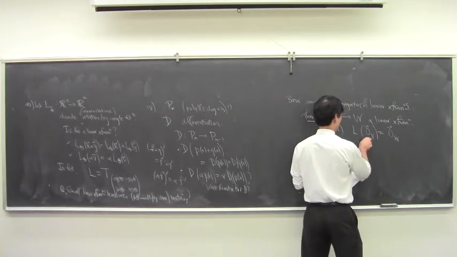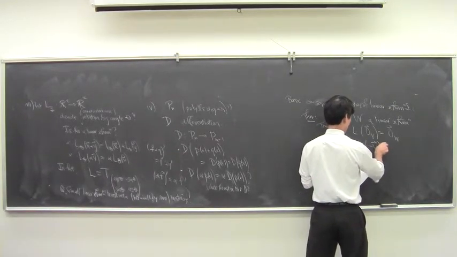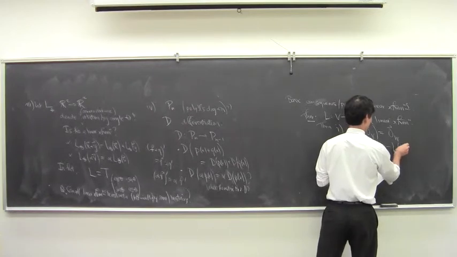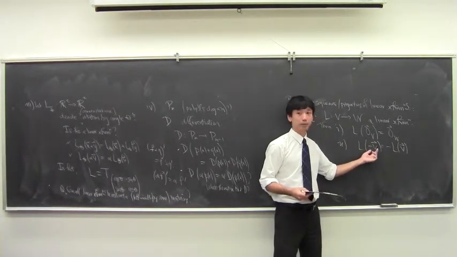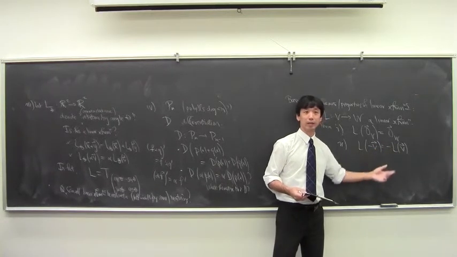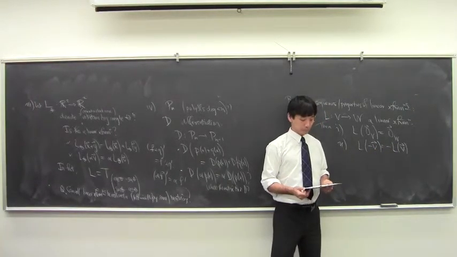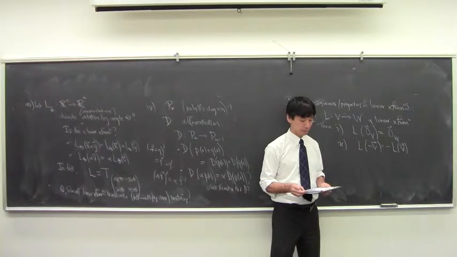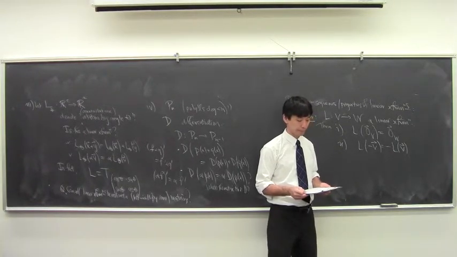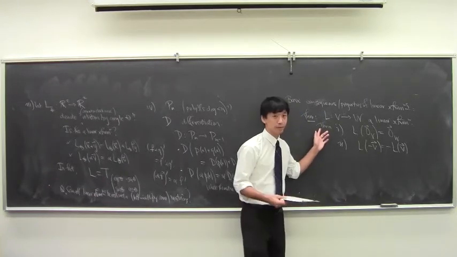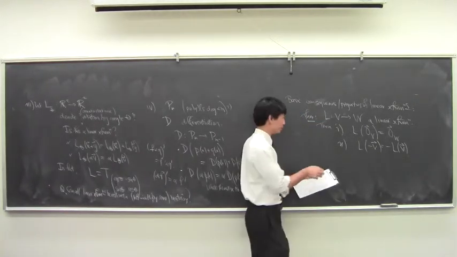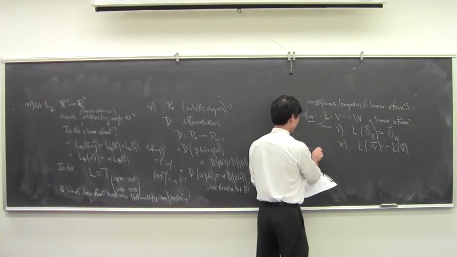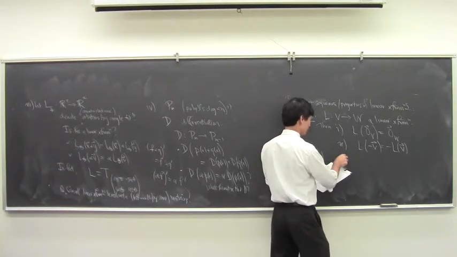Second, L preserves additive inverses. The additive inverse gets mapped to the additive inverse of the image. And these are some of those things that you don't like to prove because they're so simple. Here's the proof of the first.